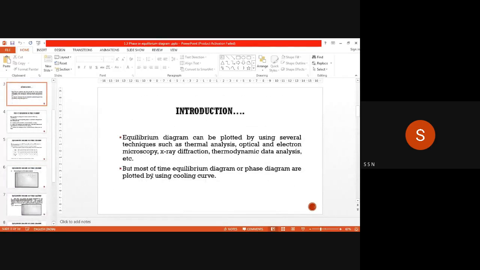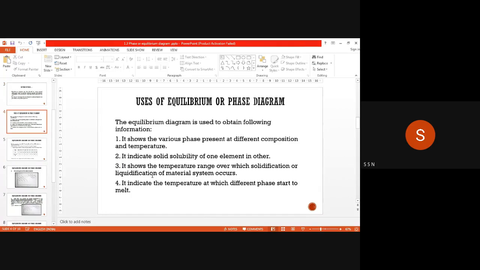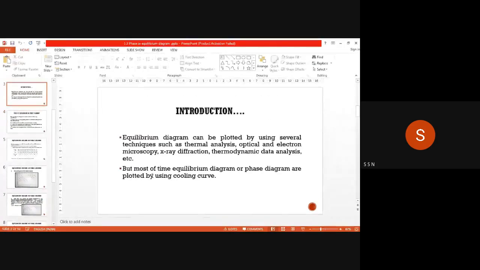So this technique we are using for drawing the phase diagram or equilibrium diagram is by plotting the cooling curves. All the other methods are also there: thermal analysis, optical electron microscopy, X-ray diffraction, thermodynamic data analysis.